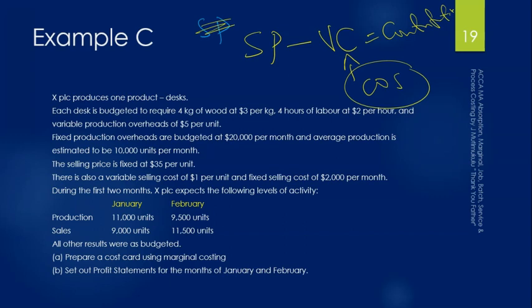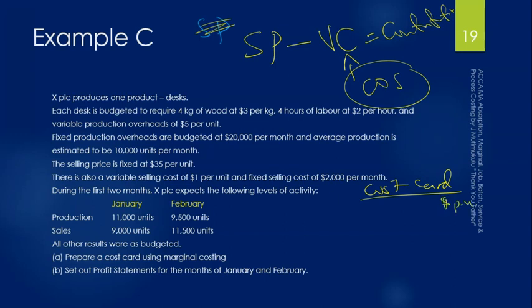Continuing from the facts we have already covered, we should come up with a variable cost card. Our cost card, as we did, should be based on, remember, we are charging per unit.